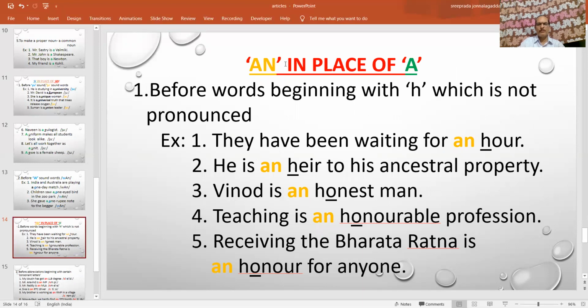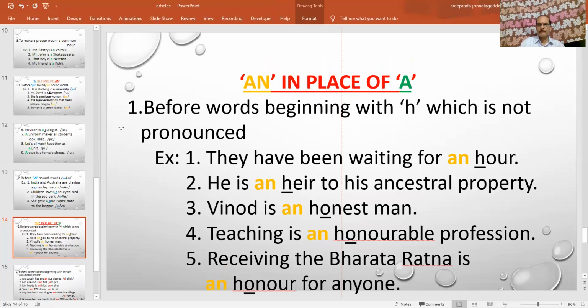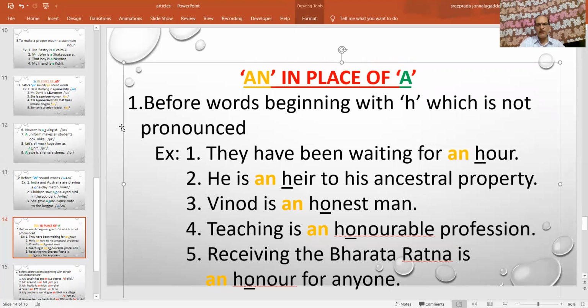And then where should we use an in place of a? Here also sound is important. The sound of the first letter is important. Look at these examples. Before words beginning with H, which is not pronounced actually. So when the letter H is not pronounced in a particular word, before that particular word we use an.